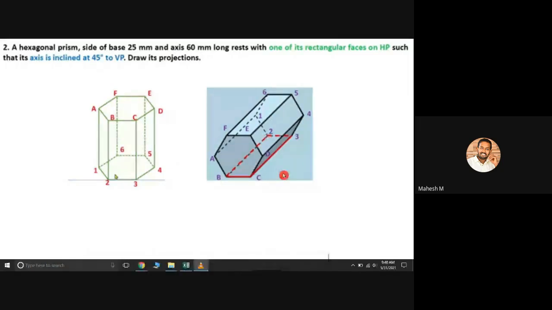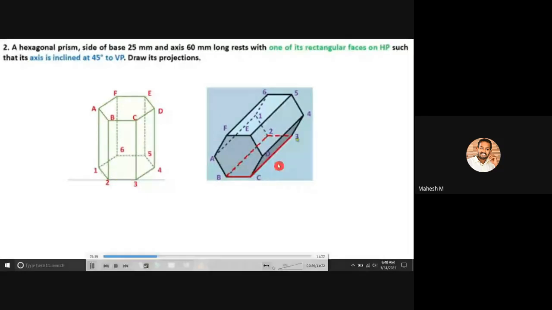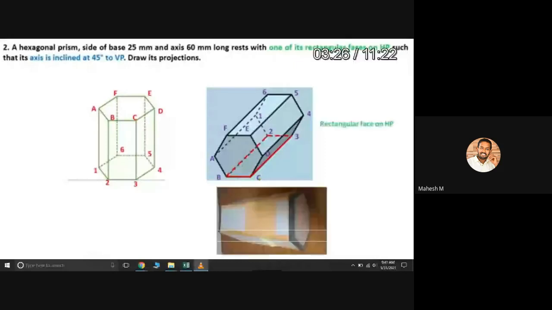That means these 4 corners will be touching the HP. So after touching the HP, if you are looking from the front view direction, you are able to see the top surface. You can't see the bottom surface. If you look from the back, you can see the bottom surface, but not the top surface. So you have to draw this hexagonal shape in the front view position.